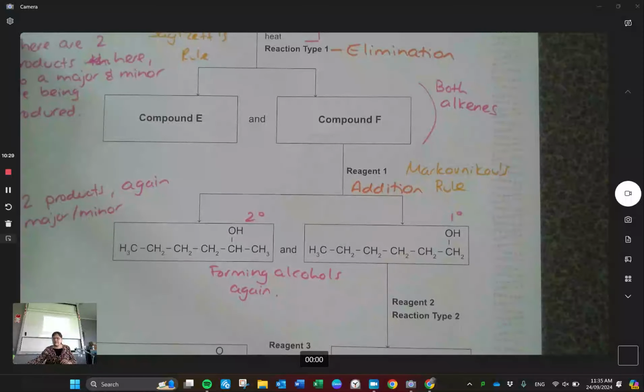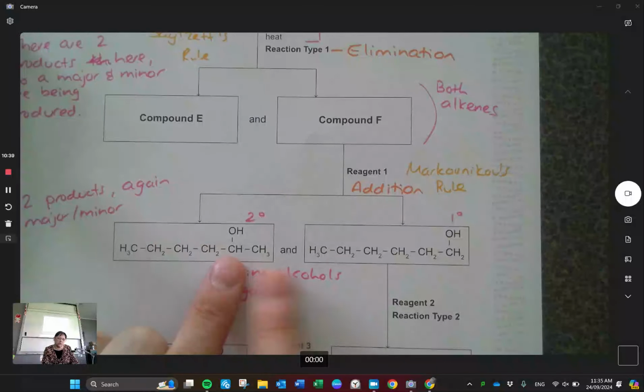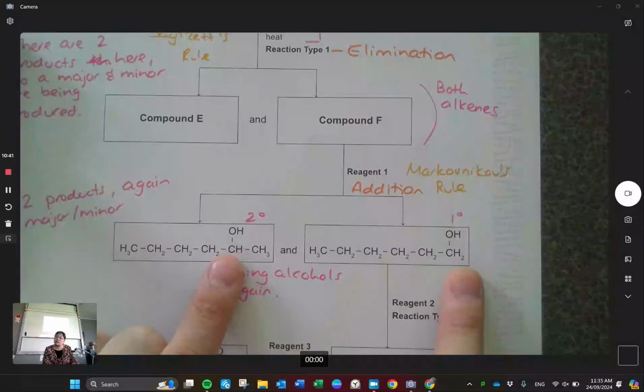Are we okay with how I figured that out? Okay, now I can actually backtrack and figure out compound F. Do you see how this alcohol is on carbon number 2 and this alcohol is on carbon number 1? So that tells me that the double bond for compound F must be between carbon 1 and 2. Do you see how I figured that out?